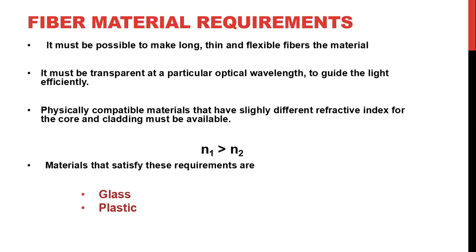There should be physically compatible materials which offer slightly different refractive index for the core and cladding in such a way that, as we know, the core should have higher refractive index when compared to cladding. So assuming that N1 is the refractive index of core and N2 is the refractive index of the cladding, the materials that are to be added or dropped in core and cladding should be in such a way that N1 should be greater than N2.